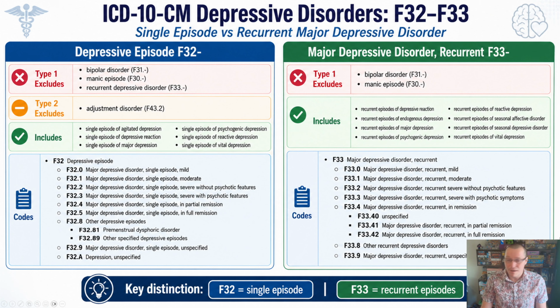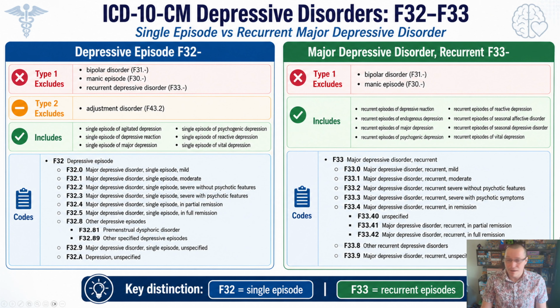As you will see, F32 excludes F33, and thus vice versa, they will exclude each other. So just make certain when you're reporting a patient has depression, you're only using one of the 2 codes. Use either episodic or use recurrent. If you have both together, you are guaranteed to get a denial.